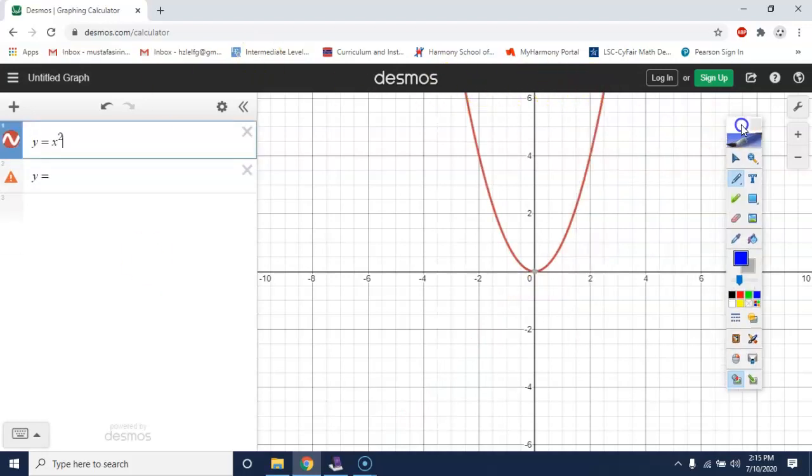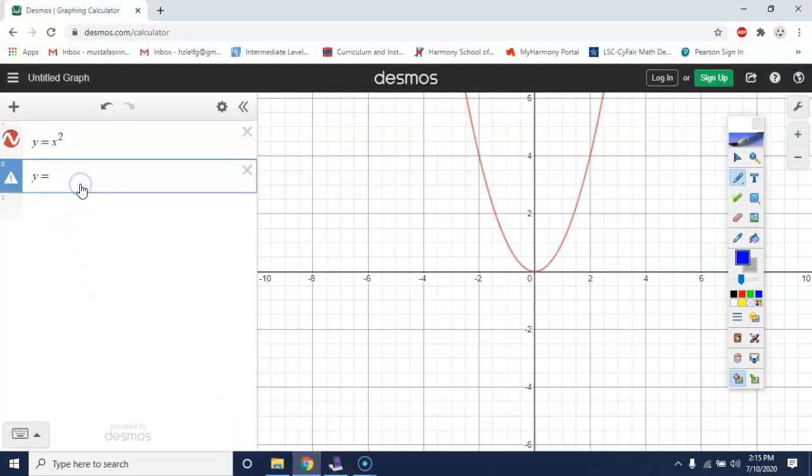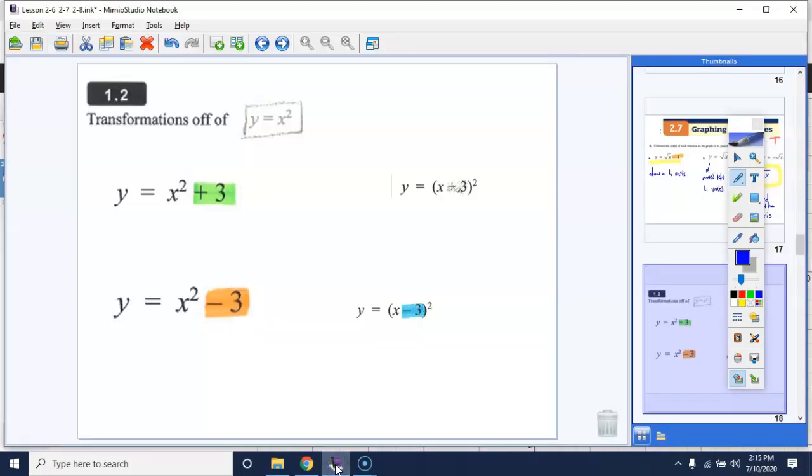The second one should be x squared plus 3. As you've seen clearly, it just moved up 3 units. So I should just come here and say moved up 3 units.